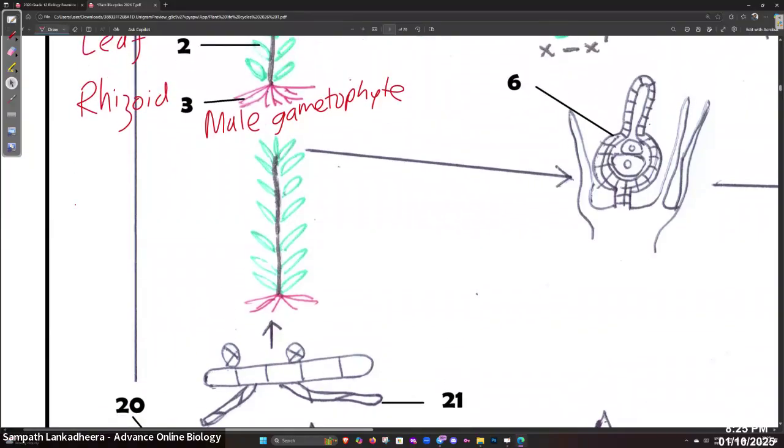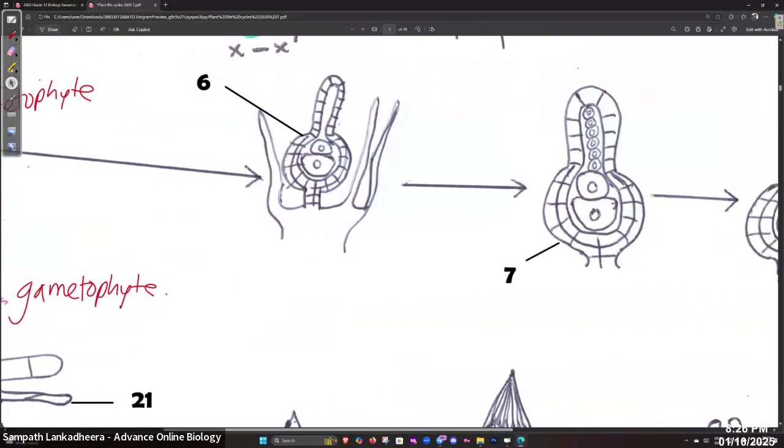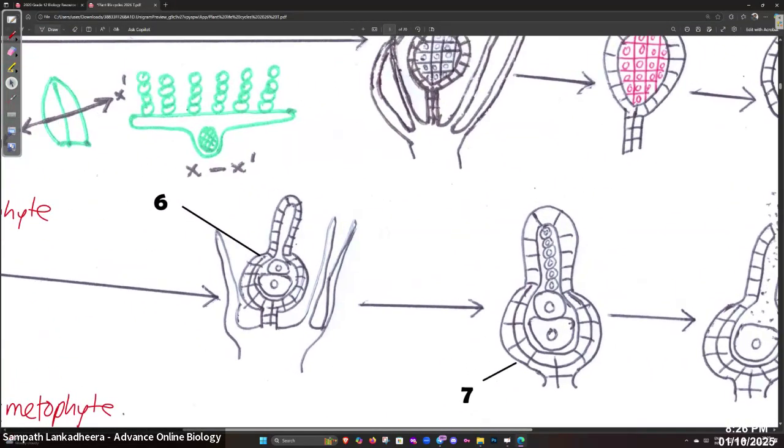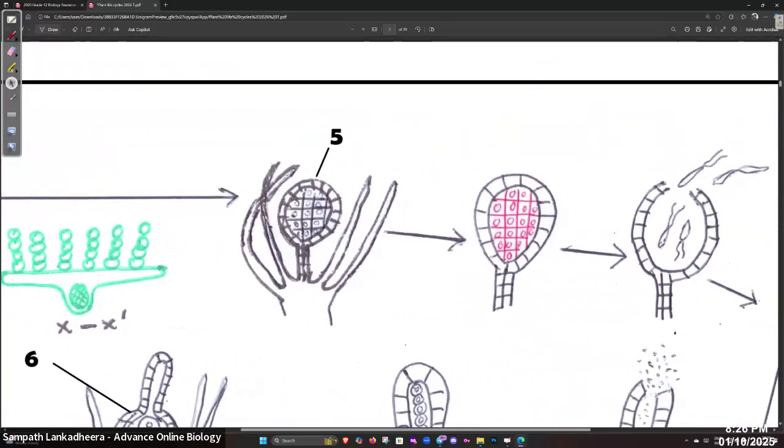This is the female gametophyte. And here we can see the antheridium, number 5.